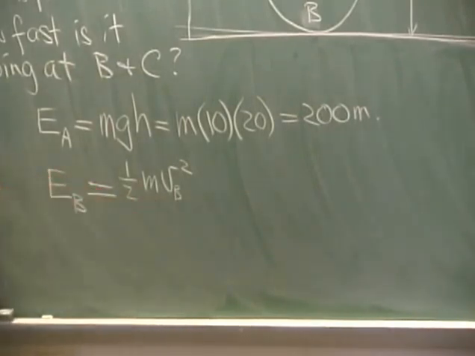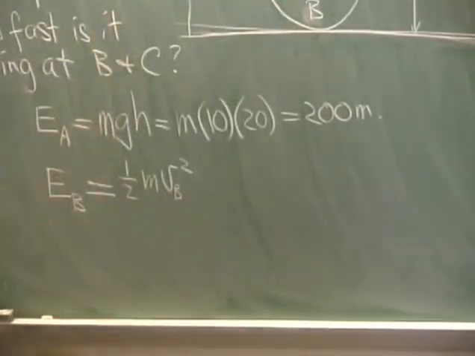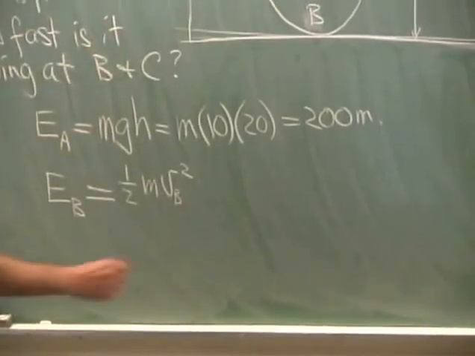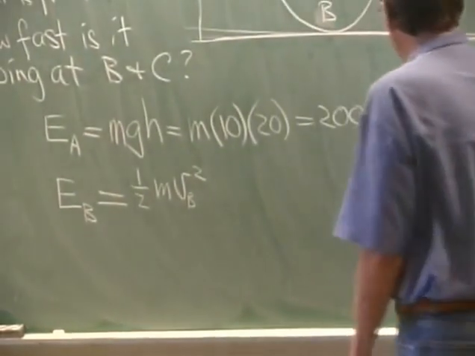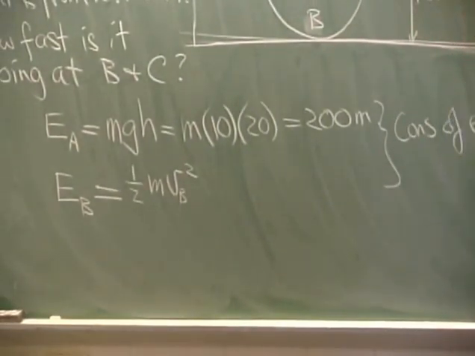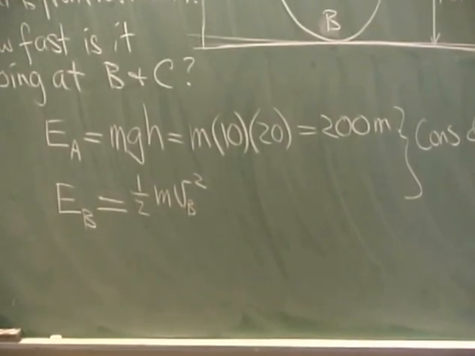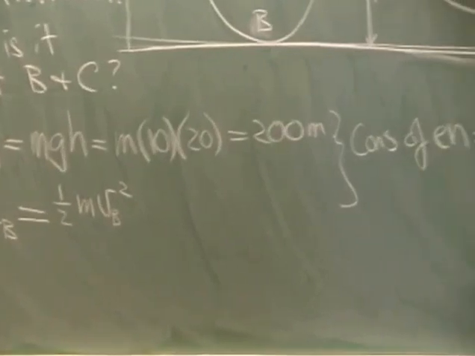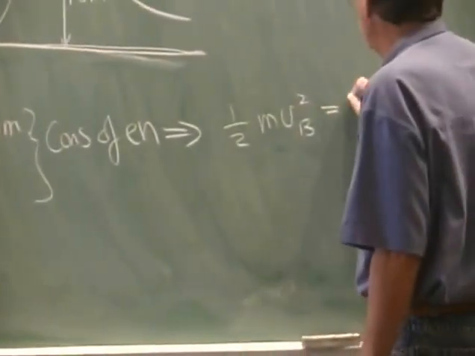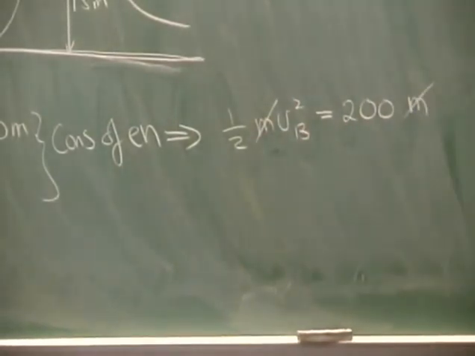So kinetic only, huh? We've got pure conversion of energy from gravitational to kinetic. Conservation of energy says that those two must be equal, so 1/2 m vB squared is equal to 200 m. The m's conveniently cancel out.